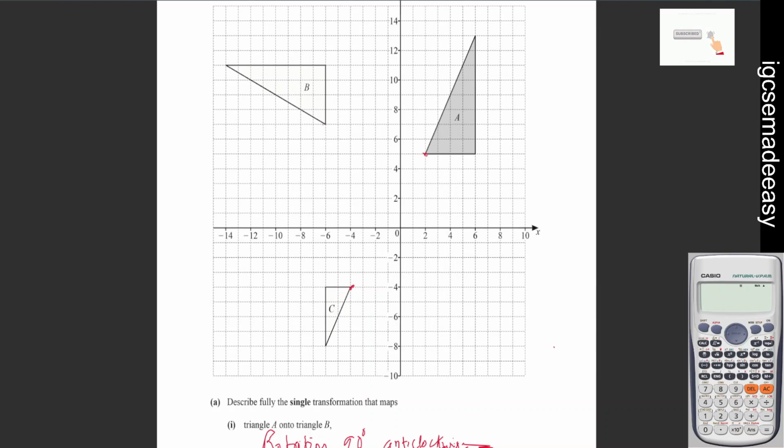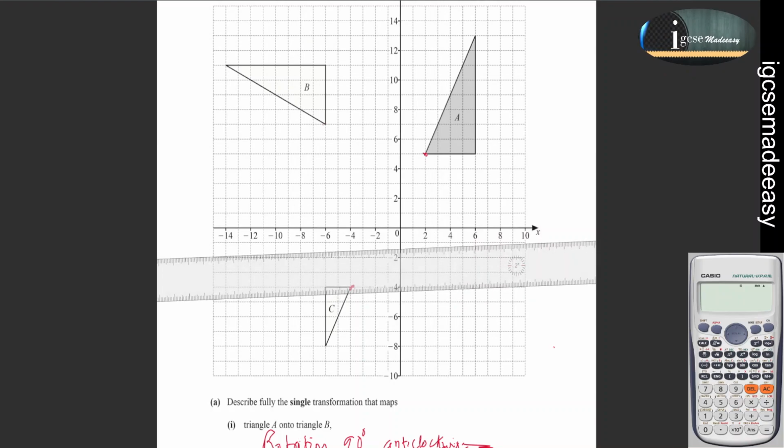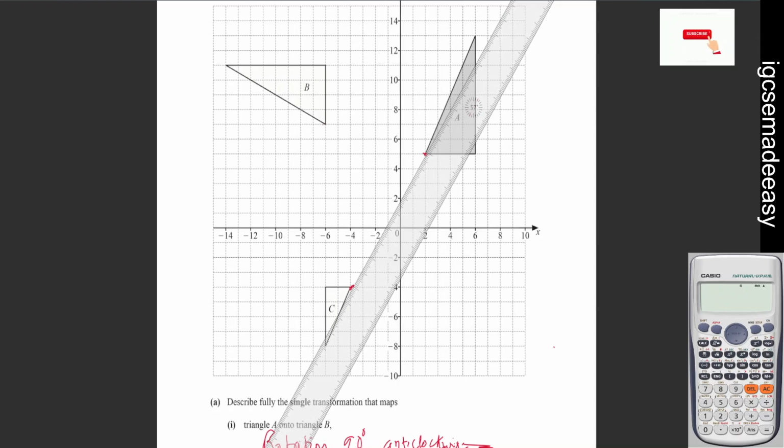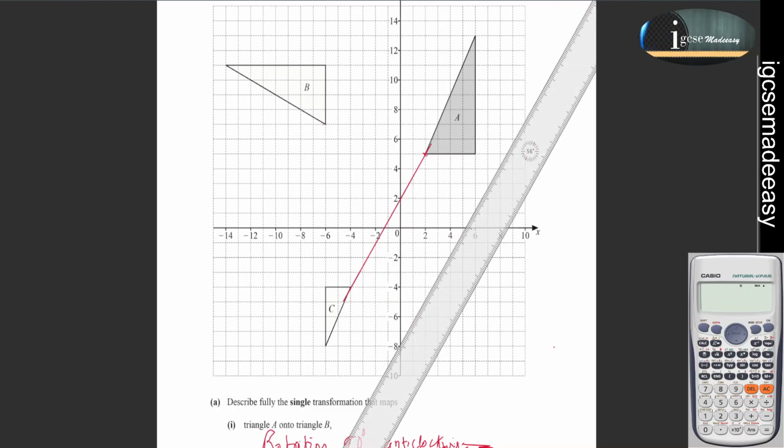Let me use my ruler to join that. It might not be perfect, but I'll try to make it as perfect as possible. This is the point that I joined, and I also have to join this point and this point.